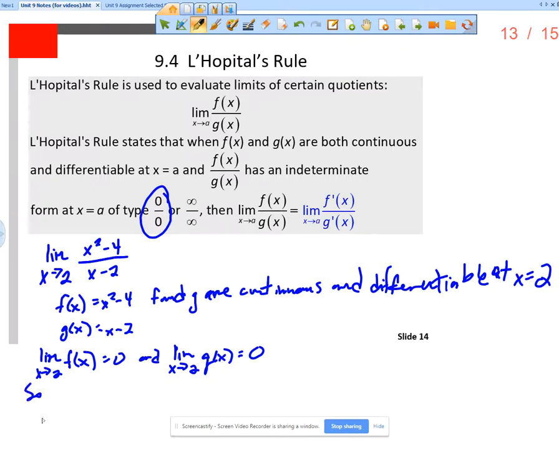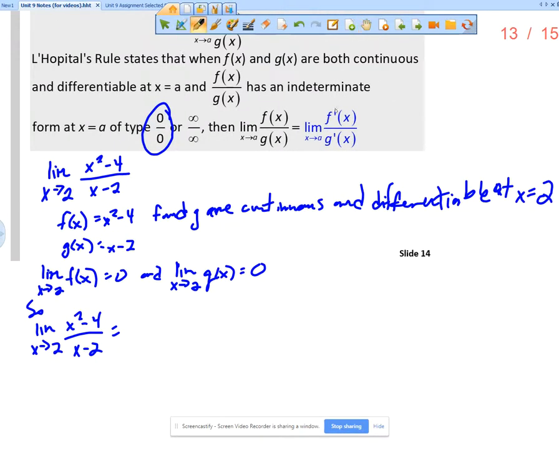So we can say the limit as x approaches 2 of x squared minus 4 over x minus 2 would then be equal to the derivative of f over the derivative of g. So the limit as x approaches 2 of, what's the derivative of f? The derivative of x squared minus 4 is 2x, divided by the derivative of x minus 2, which is 1. Now we can reevaluate the limit. 2 times 2 is 4 over 1. So this answer is 4.